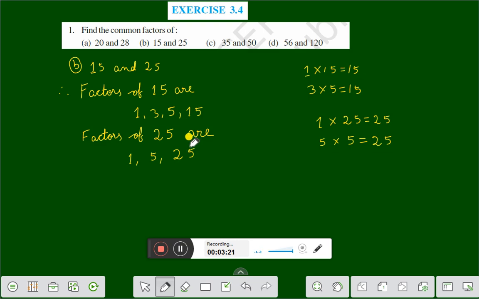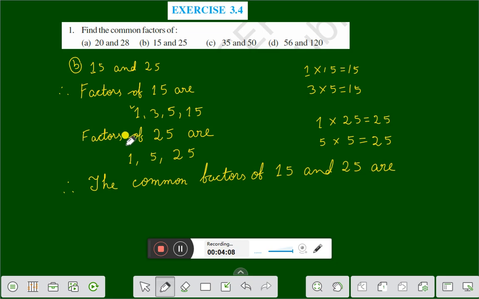Right? Now we will find the common factors of 15 and 25. Therefore, the common factors of 15 and 25 are, here you see the common factors is 1, obviously 1, and you see 5 is common, right?